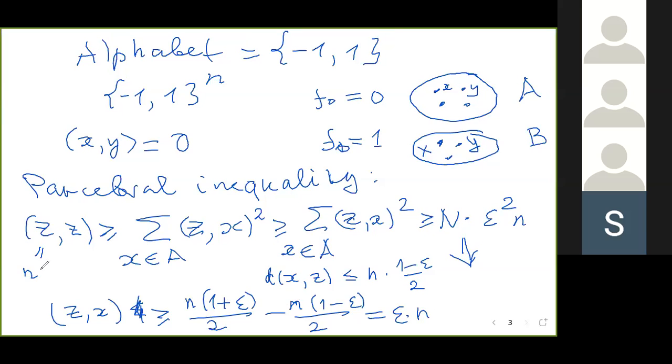So somehow we obtain n on the left-hand side and n squared on the right-hand side, which is not proper.